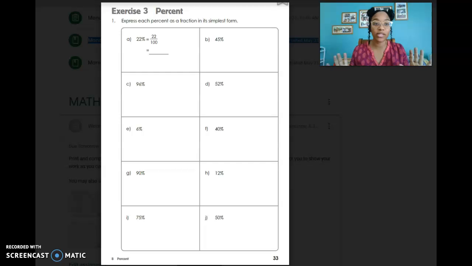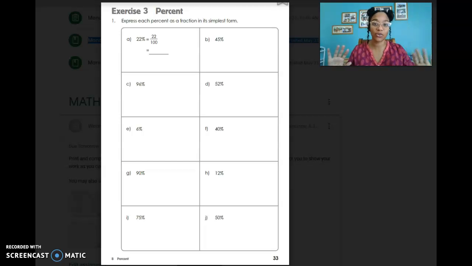So the factors of 22 are 1, 2, 11, and 22. Now, when we're trying to find the common factor between 22 and 100, we start with the biggest factor first. Try with the bang for your buck. Does 22 fit neatly into 100? No, it doesn't. 22, 44, 66, 88, boop, we're already over 100. So boop, we're not going to work on 22.